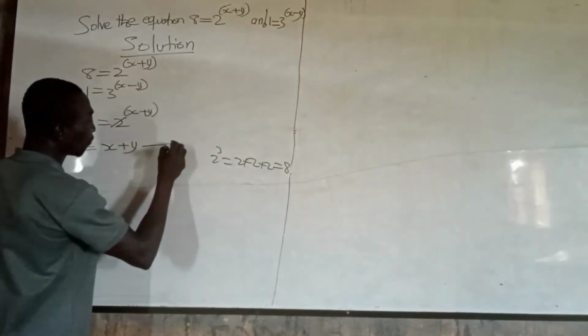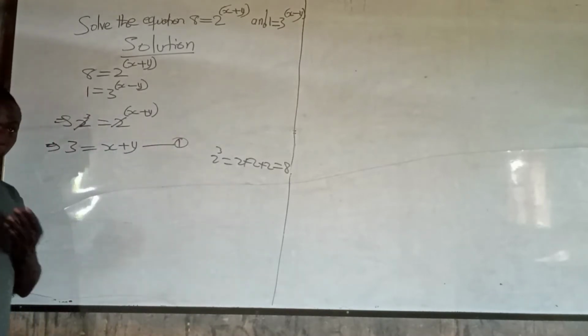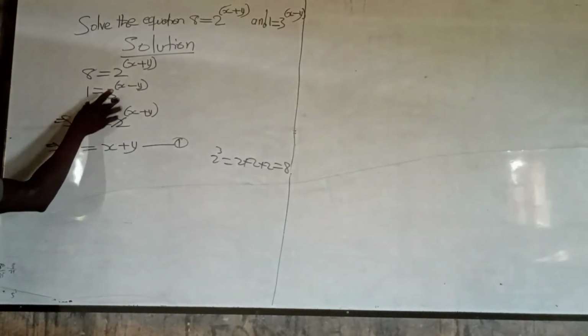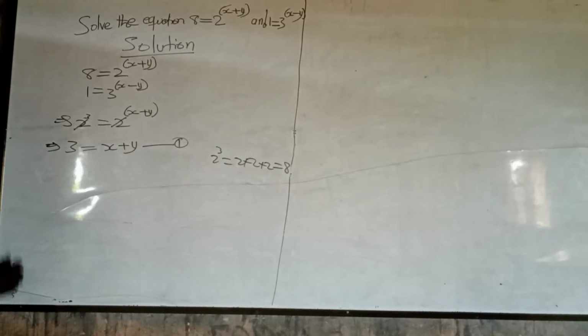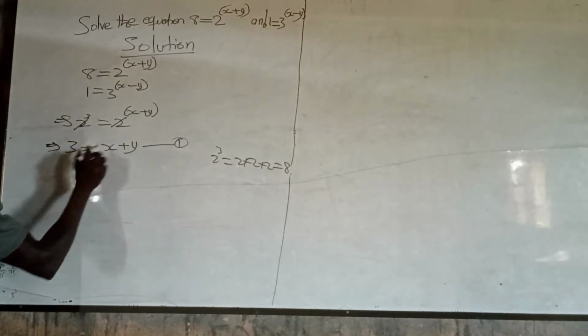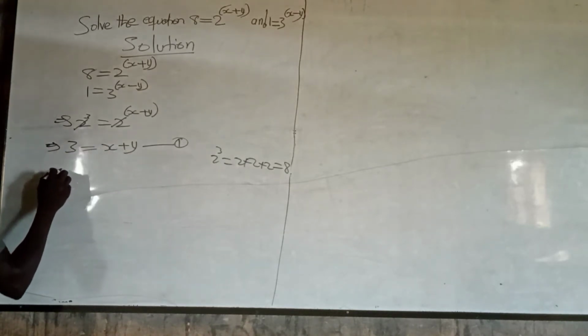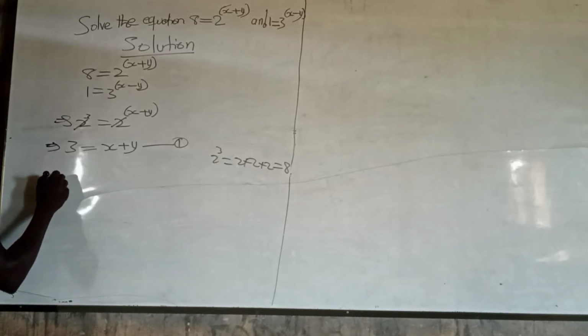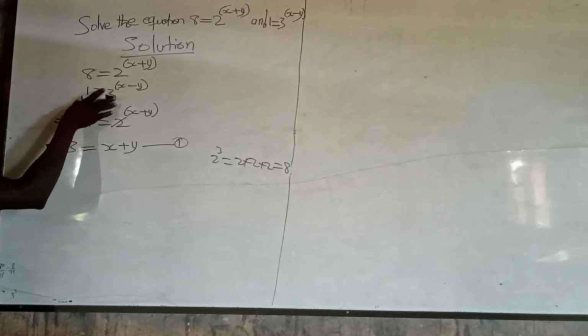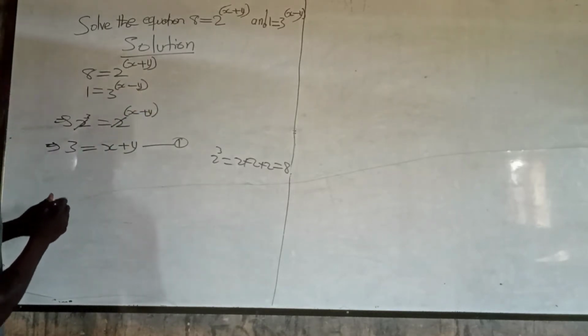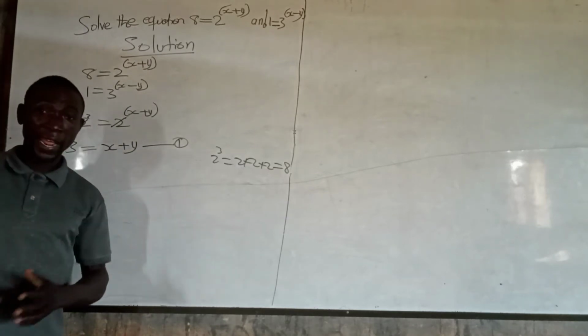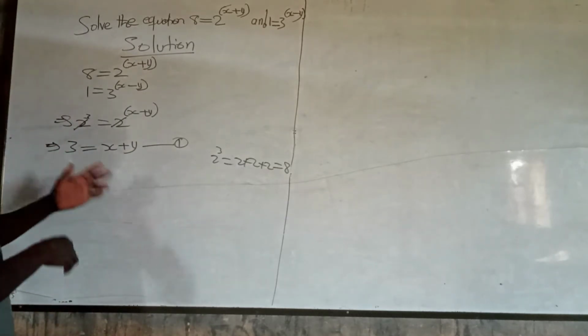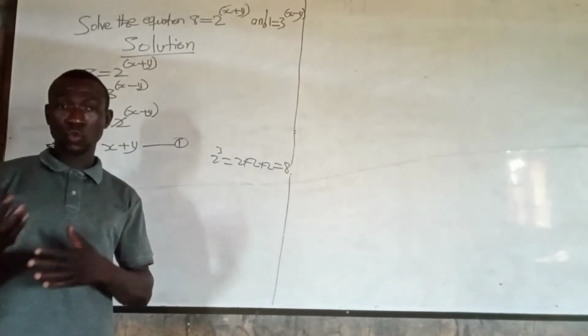Now let's look at the second one. That will be this particular equation: 1 equals 3 raised to the power (x minus y).